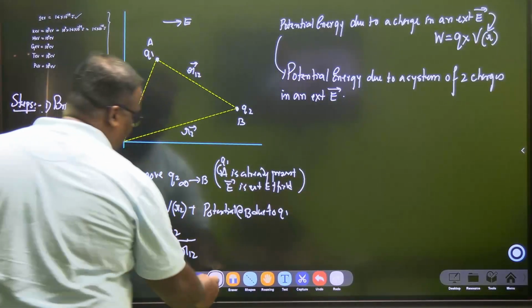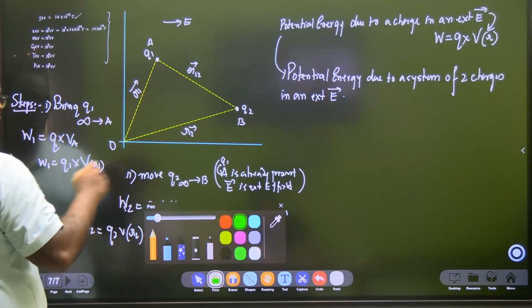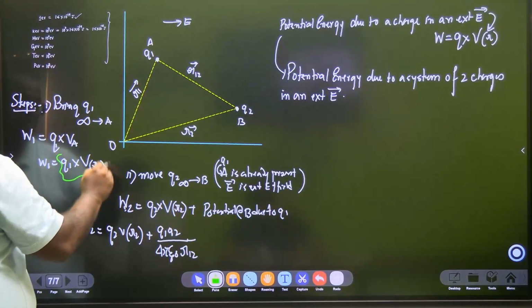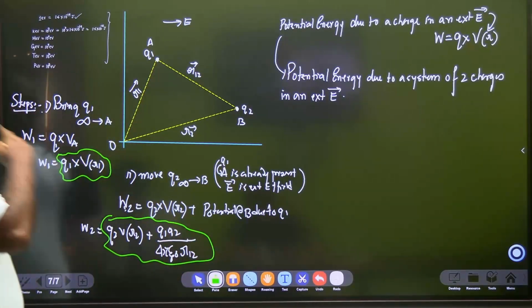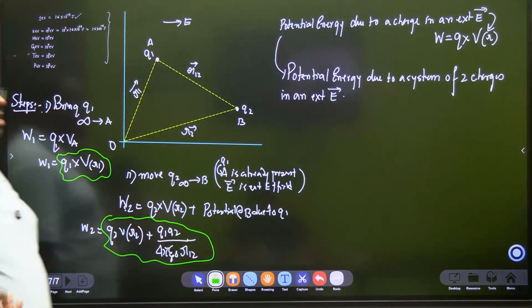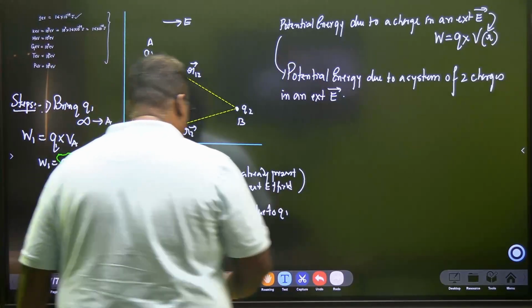So you actually created a two-charge system where this was work 1 and this is work 2. Now if you want to find the total energy, it will be W1 plus W2, no doubt.